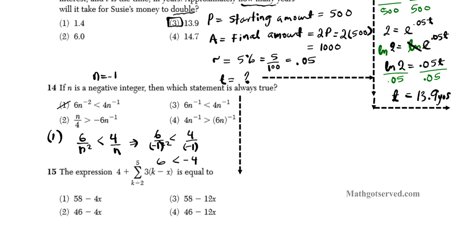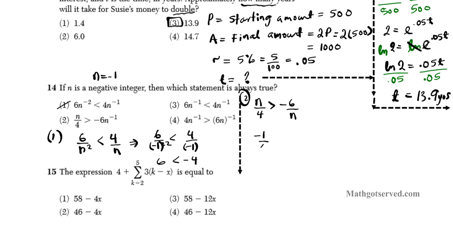So let's move on to the next one. Option 2. Is n over 4 greater than -6 over n to the -1? n to the -1 is just 1 over n. Any variable with a negative exponent gets reciprocated. So let's put in our test number, -1.